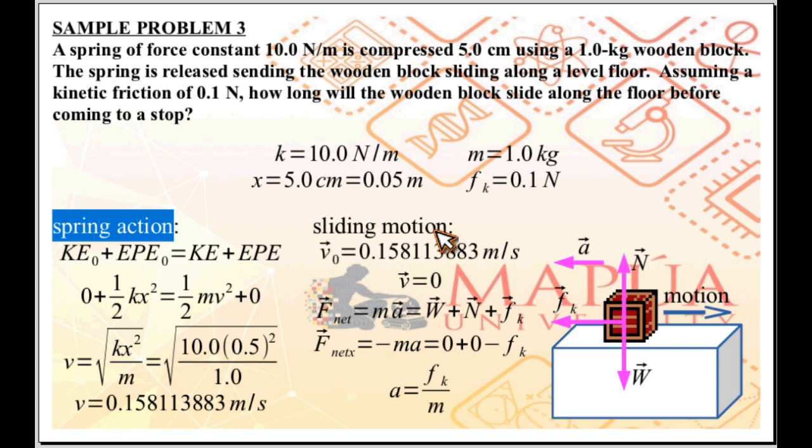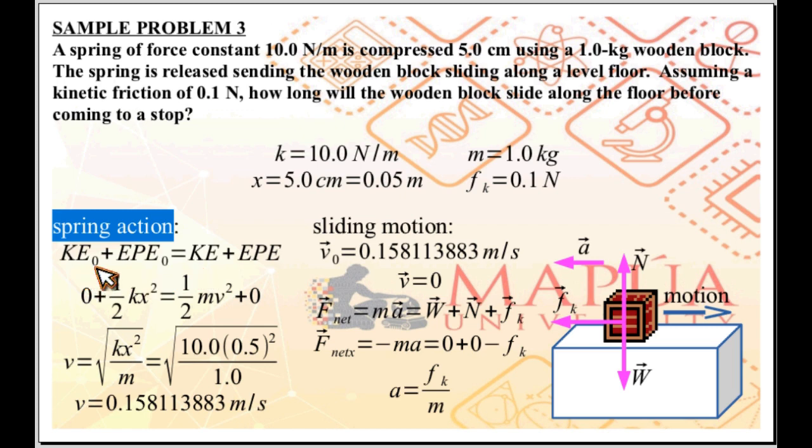So, we can cancel out the gravitational potential energy, leaving us with only elastic potential energy. Likewise, the motion is just horizontal motion in a straight line. There's no rotational or angular motion, so no rotational kinetic energy, just linear kinetic energy.